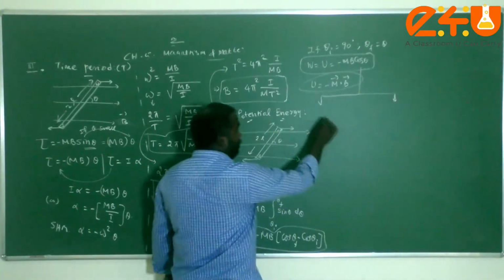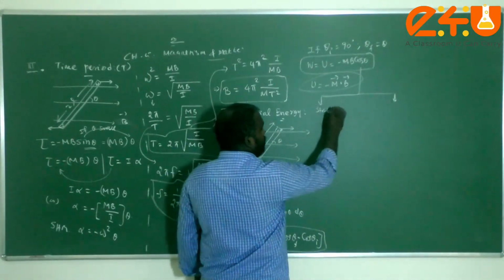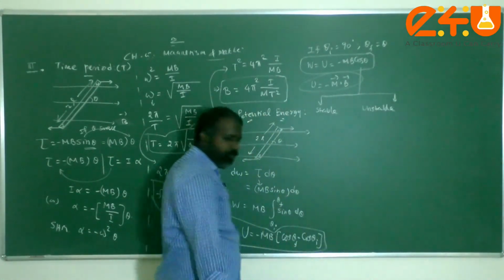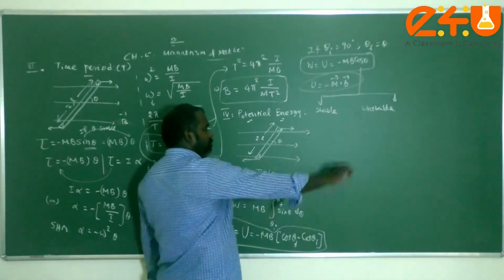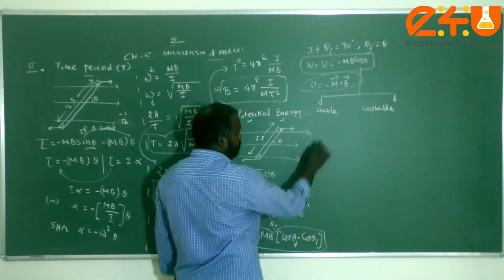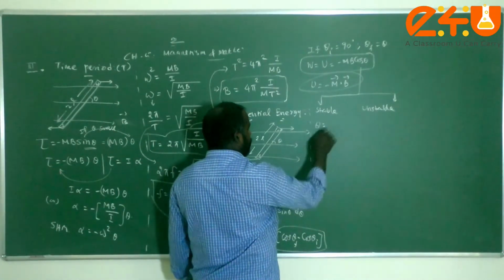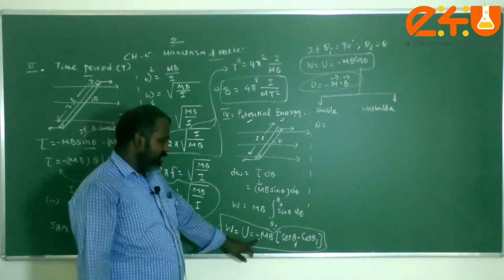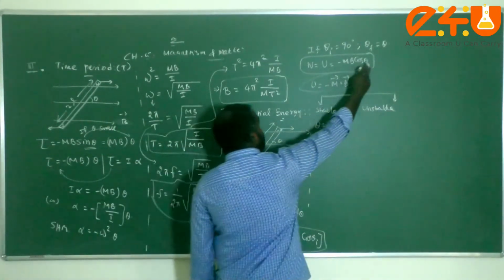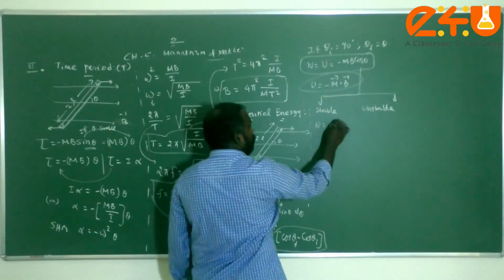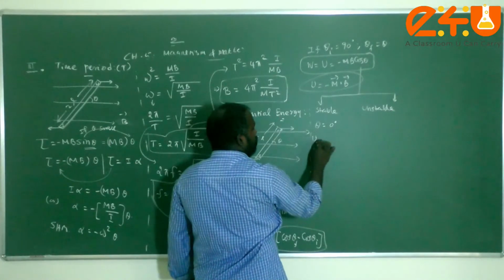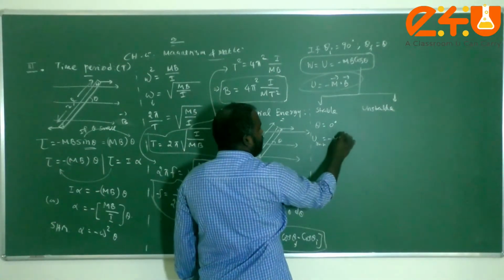For stable equilibrium, U should be minimum. Because of the negative sign, theta has to be 0 degrees, cos 0 is 1, so U minimum equals minus MB.